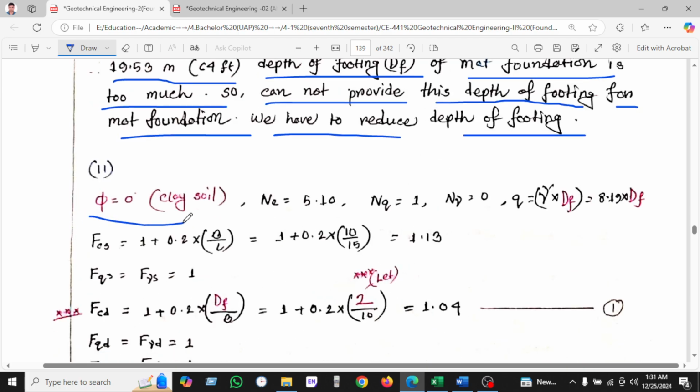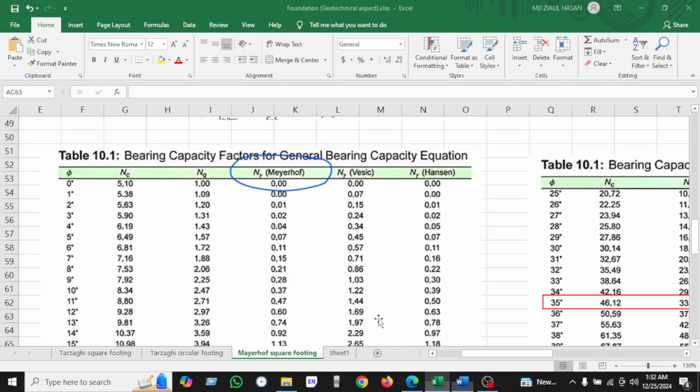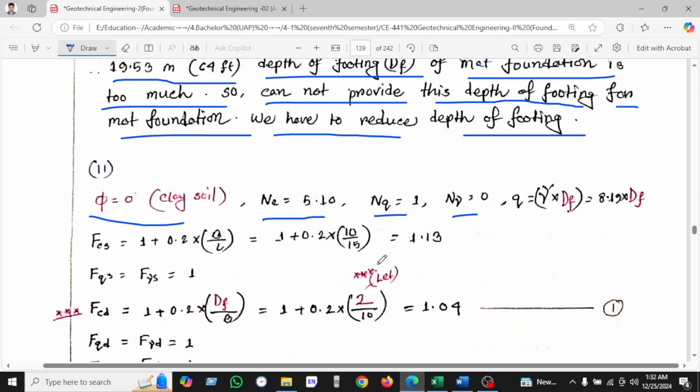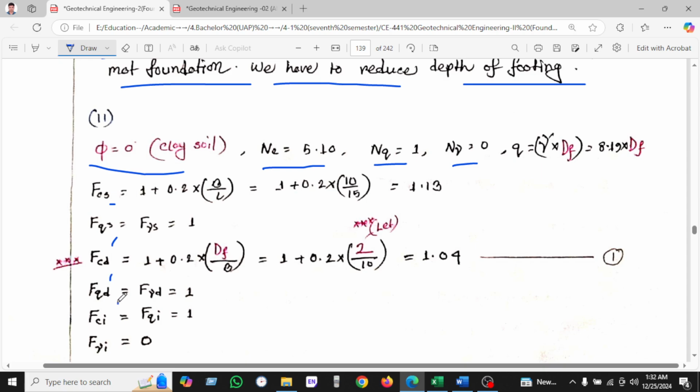So when phi equals 0, then N60, Nc and gamma Nq we will find from the Meyerhof bearing capacity. This is the bearing capacity table, and the shape factor and depth factor.